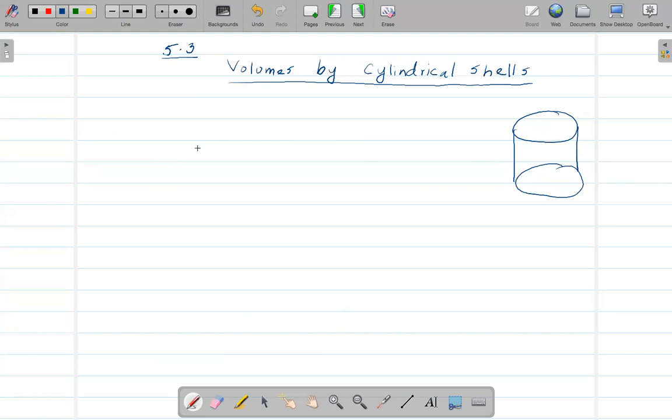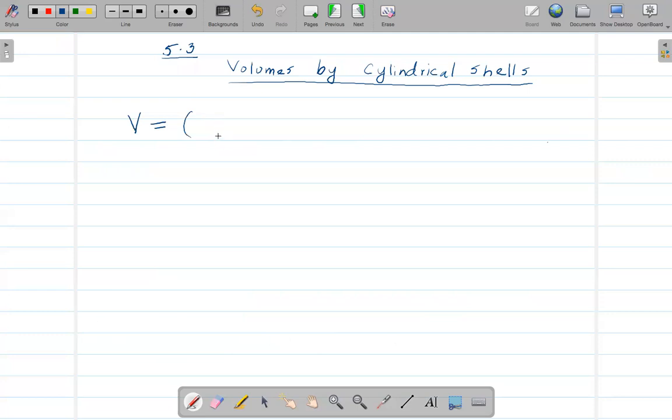Now when you're finding the volume of this, well, it's the circumference. Let's not make this a specific example. Let's just look at this as a general example. Let's look at how we express the volume for the cylindrical shell.